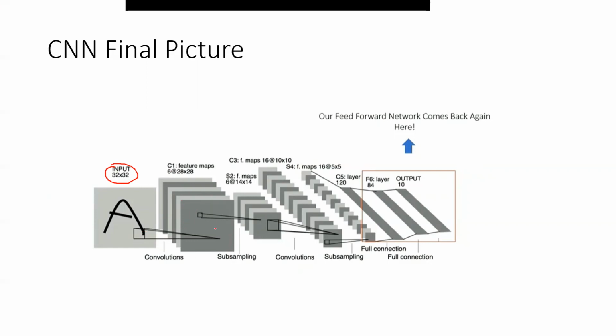Once that is done, we do the subsampling, that is pooling. Once the pooling is done, we again pass it to the convolutional layer, where the number of weights we have taken is 16, right? So 16 feature maps would be created.